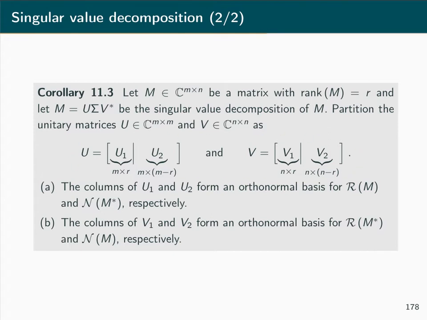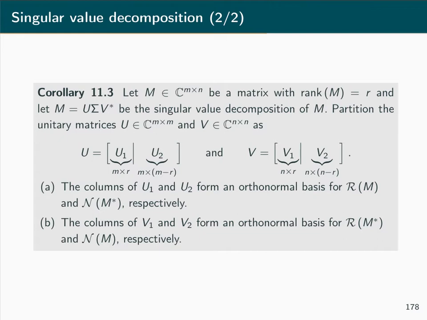So U1 consists of the first r columns of U and U2 of the remaining m minus r columns, and similarly V1 consists of the first r columns of V and V2 of the remaining n minus r columns. This is, of course, the same partition that was already used in the proof of Theorem 11.1.